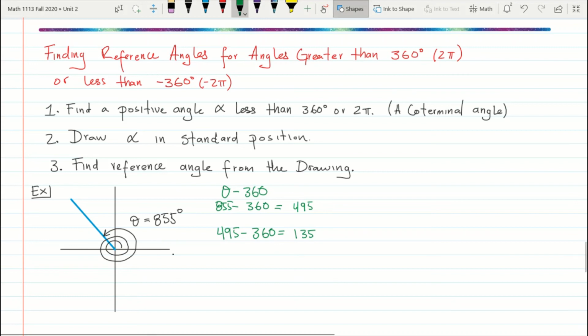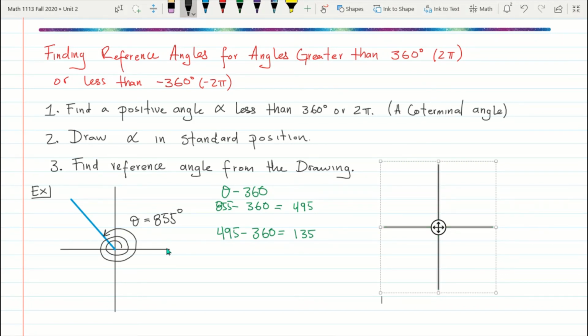Perfect. So now we can go ahead and graph our new angle, which is 135, and it should be in the same position as the original one, except now there's only a little bit of a rotation to go from the initial side to theta, right?